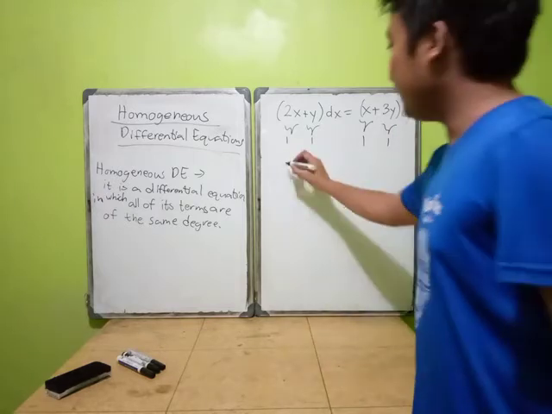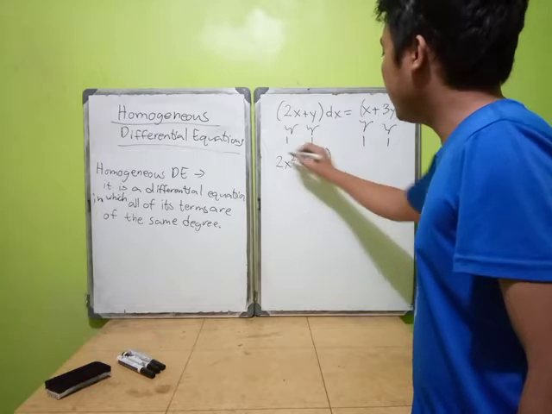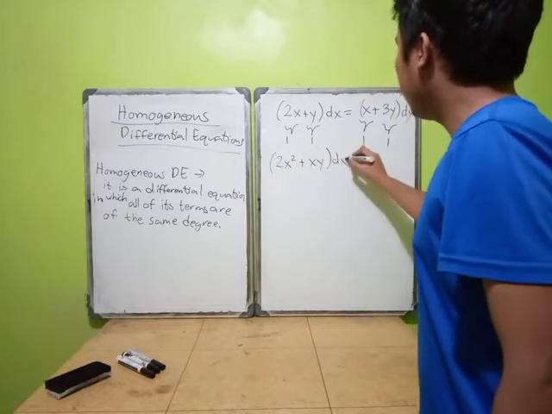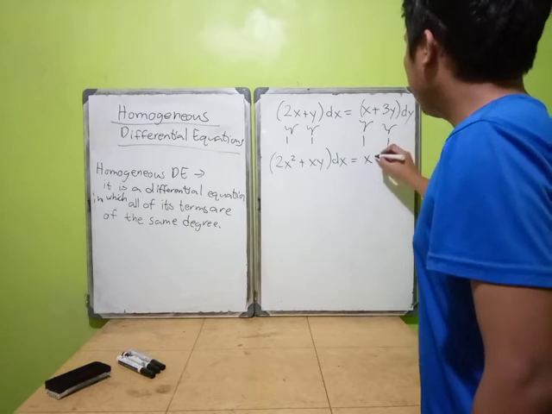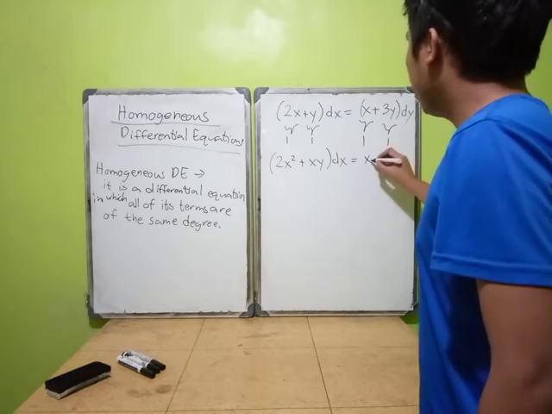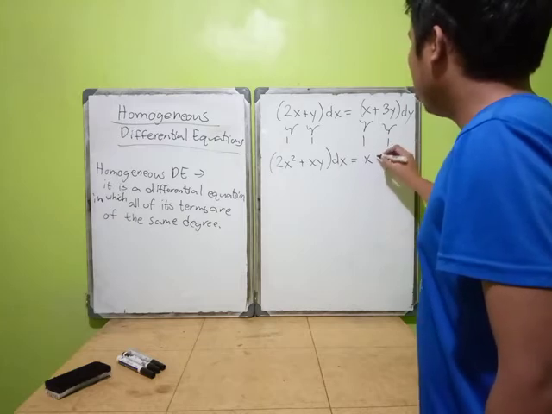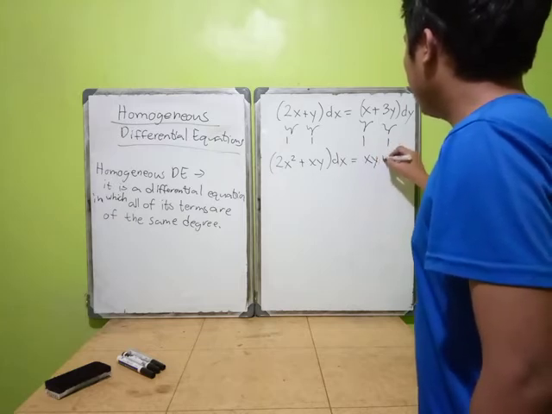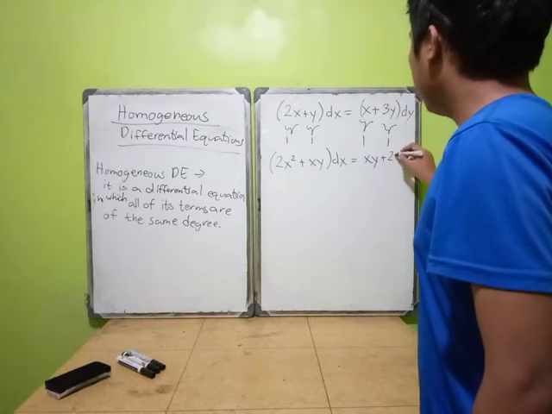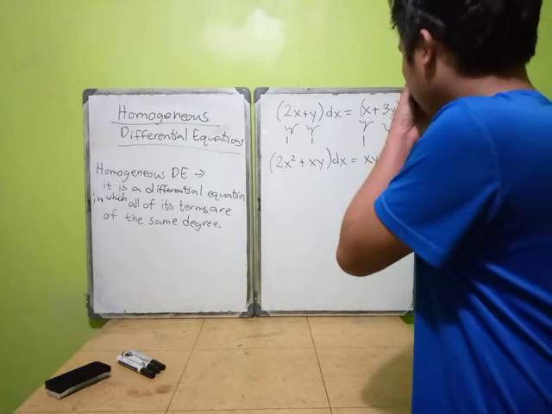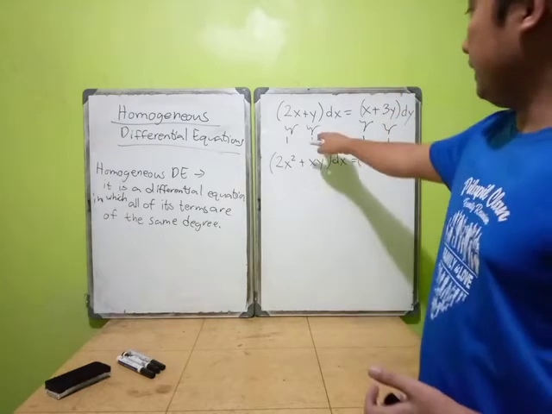Okay, so another one is parang like this. So, kanina, degree of 1.